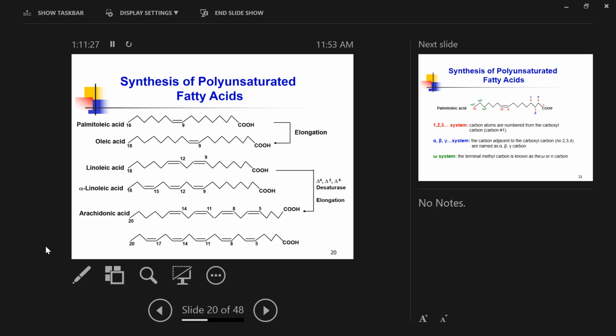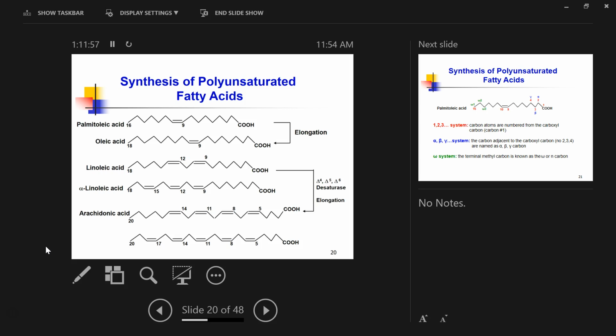Okay, now how about polyunsaturated fatty acids? A fatty acid has more than 1 double bond, and you have a longer carbon chain. Then 2 steps are actually required. One is called elongation, and the other step is desaturation. So we need to extend the carbon chain, and meantime we need to catalyze the formation of double bonds, right?